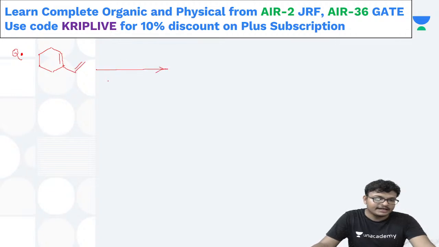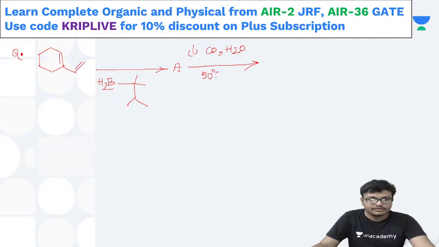With this diene, we are adding a dienophile, and that is the next step. Carbonyl. So it is actually the H, right?